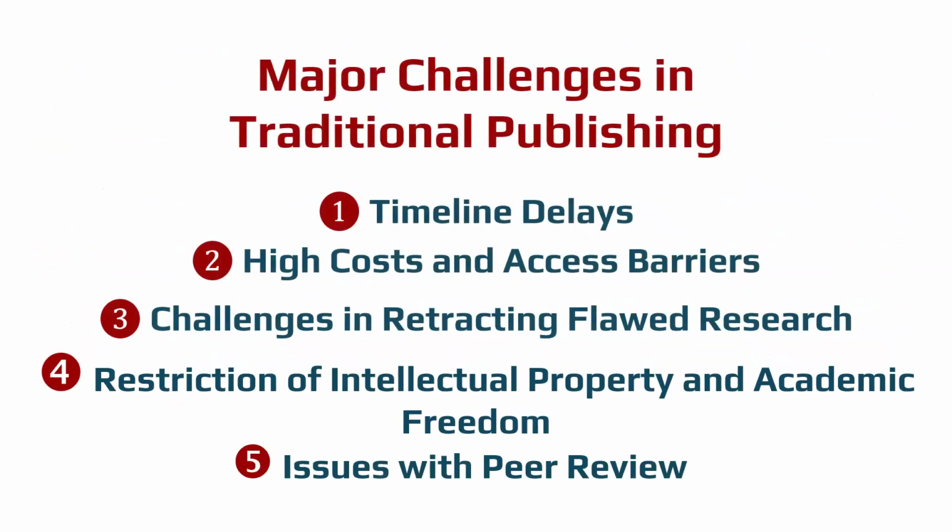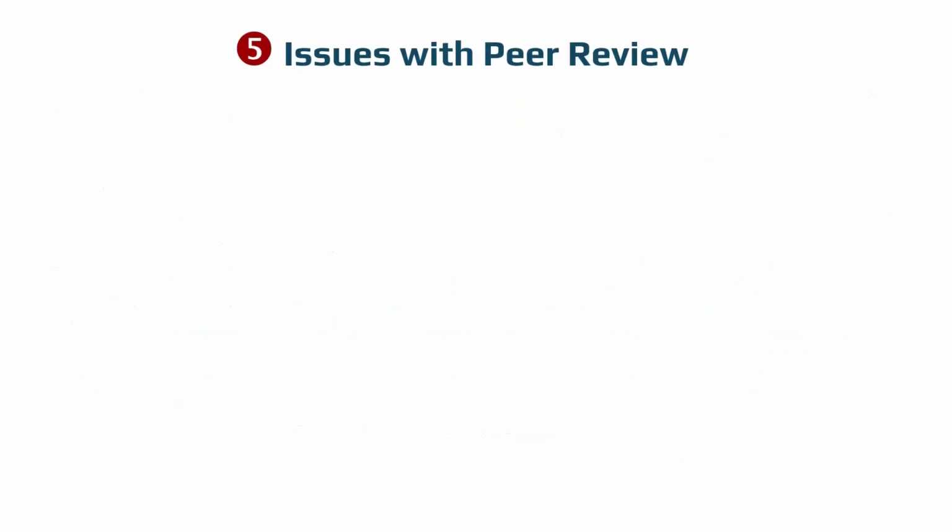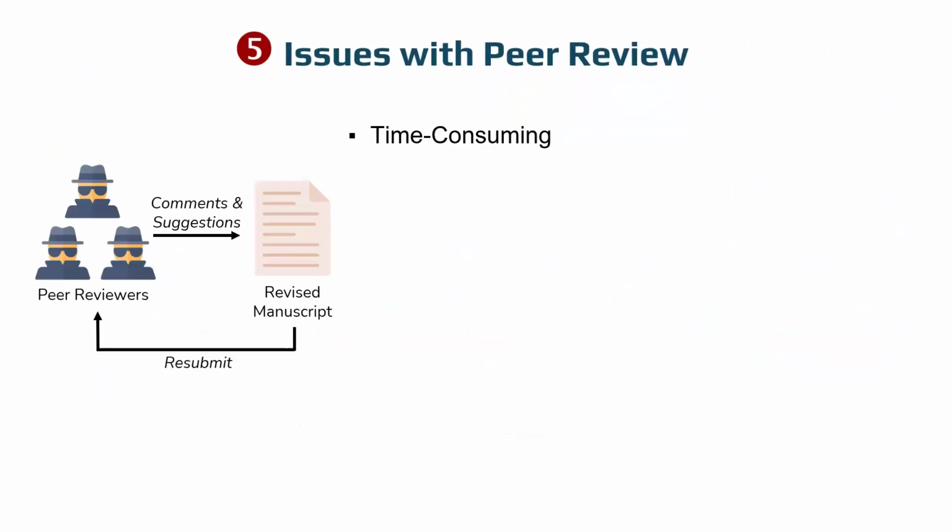The fifth challenge is issues with the peer review. As we said earlier, the peer review process is time consuming. It takes a lot of time and back and forth. There is potential for bias and conflict of interests. For example, let's say you submitted a manuscript and one of the reviewers is working on a study similar to the one you've submitted.